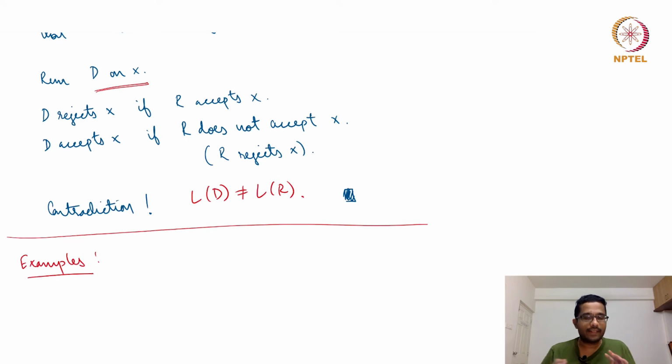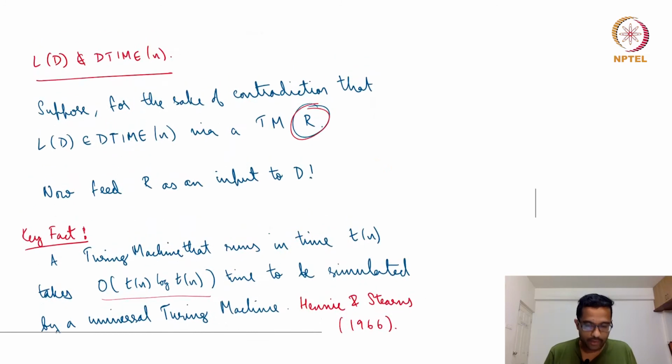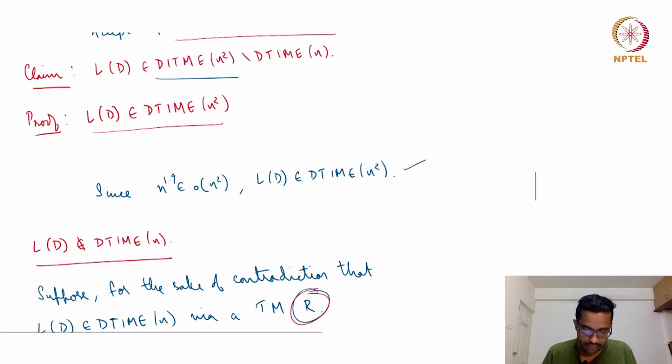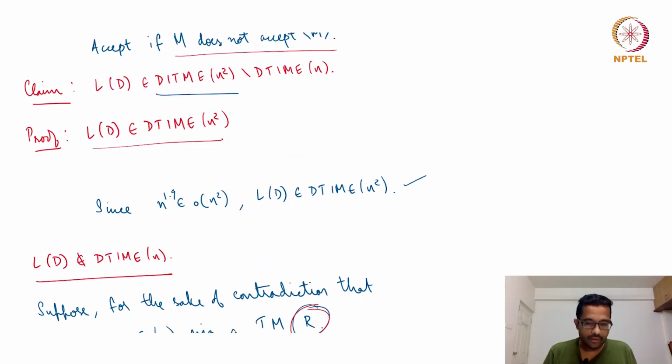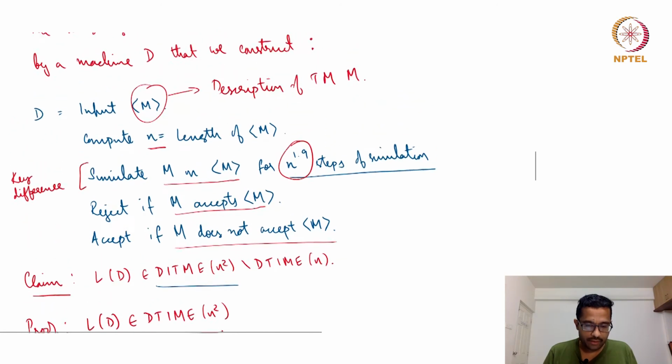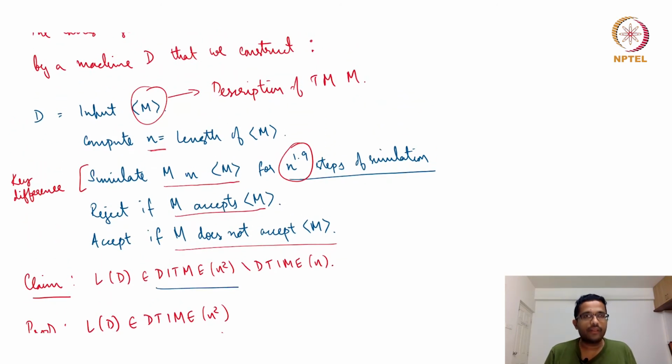Again, this is a diagonalization proof, and diagonalization proofs can be tricky. So let me just go over it once more. D is the following machine. Given an input, which is a description of a Turing machine, it first computes the length of that input. So given M, it computes the length of M and simulates the machine on its own description.